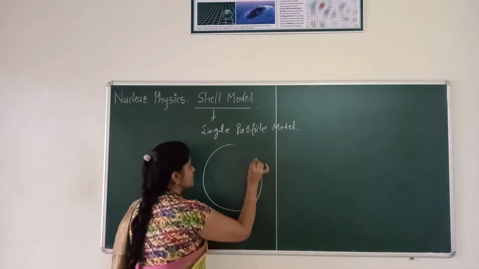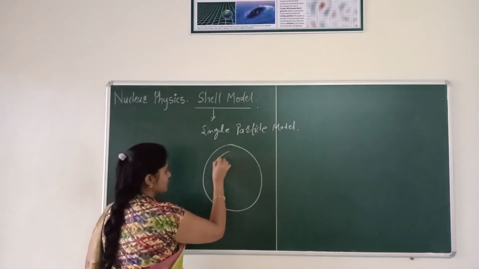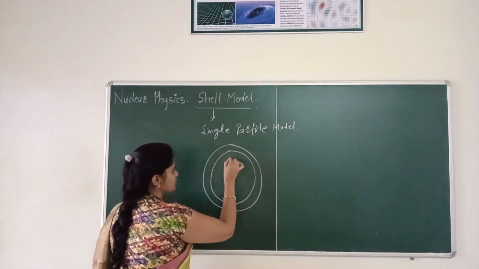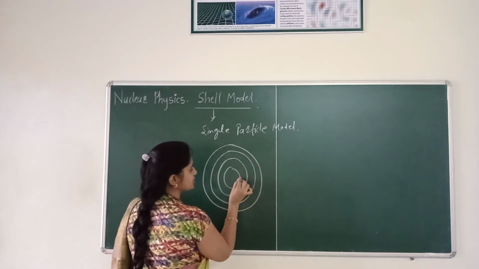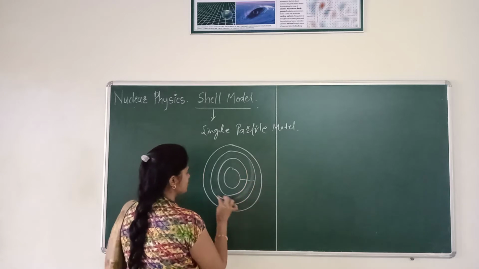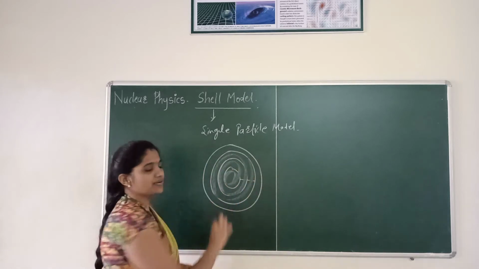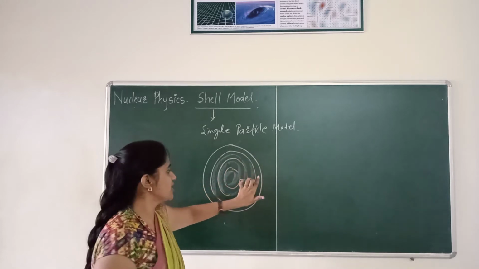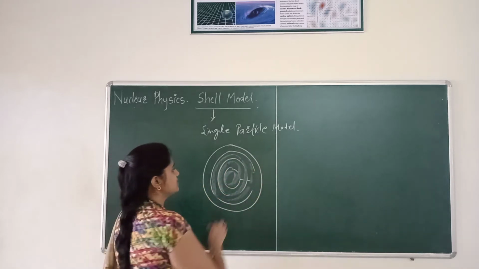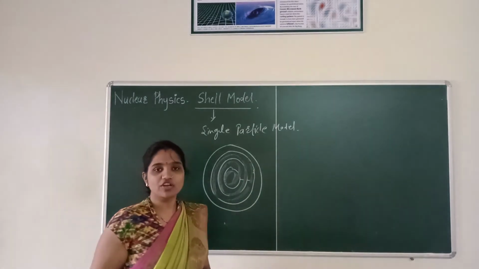When the nucleons are filled in the different shells of the nucleus, if the nucleus up to this shell is completely filled, it means there is no unpaired nucleon.